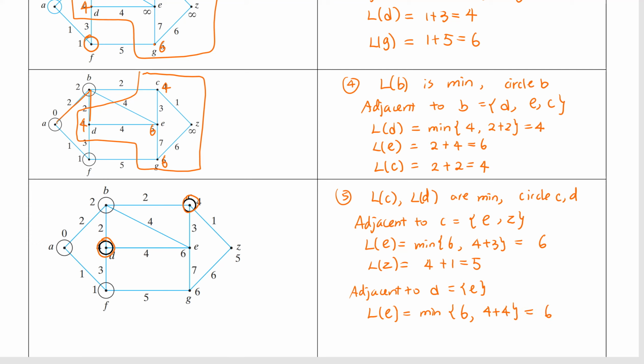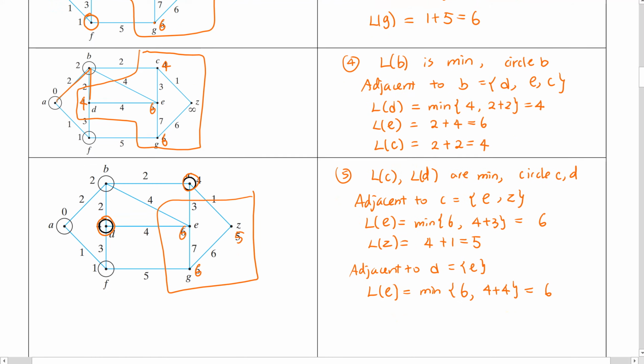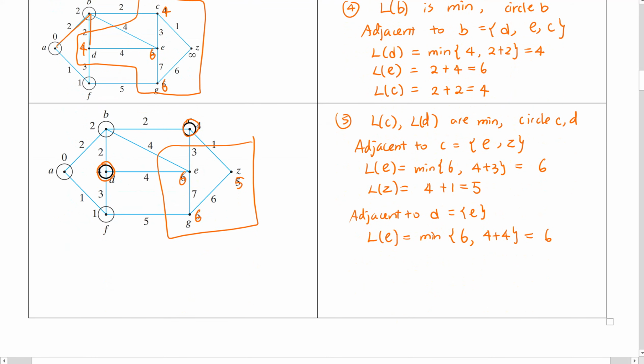So the minimum is still 6. Now we have LG label 6, LE label 6, LZ label 5. Which one is the minimum? You can see the minimum. So if we call it step 6, LZ is minimum, then we can circle it.